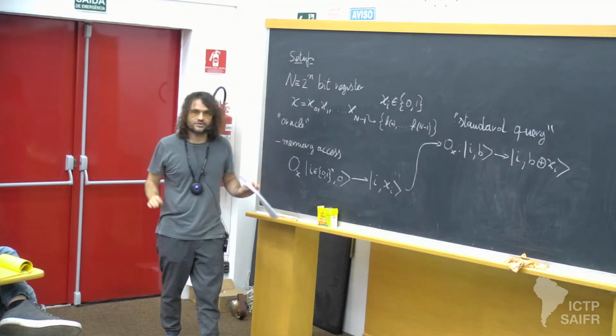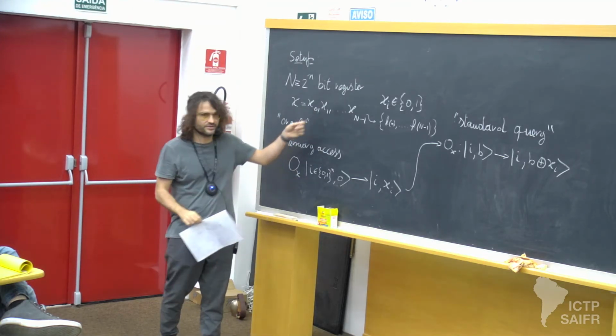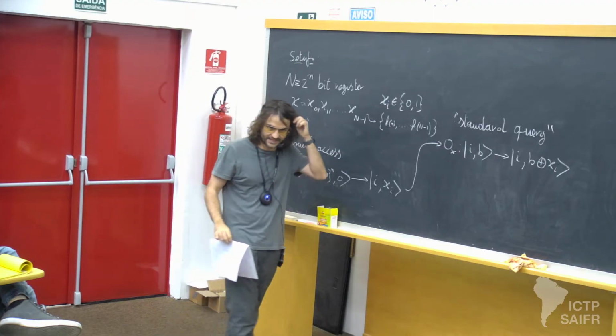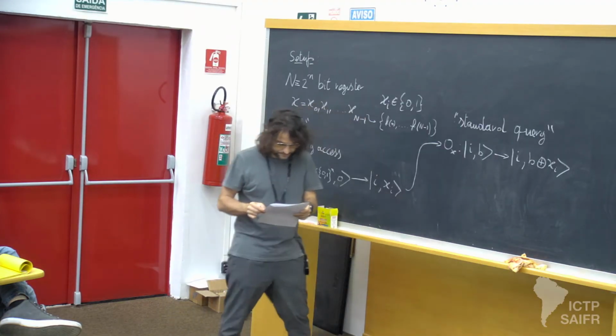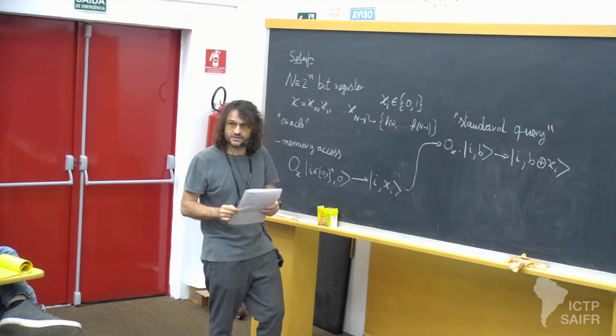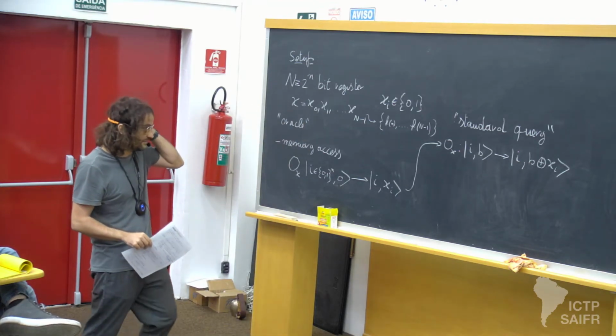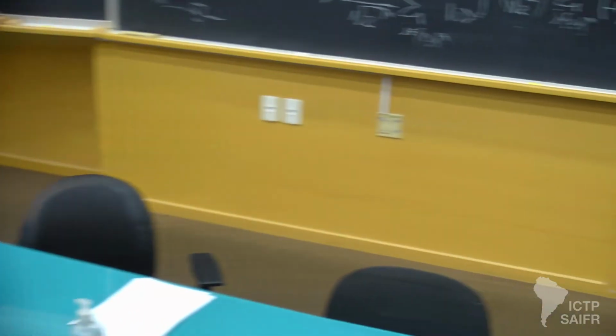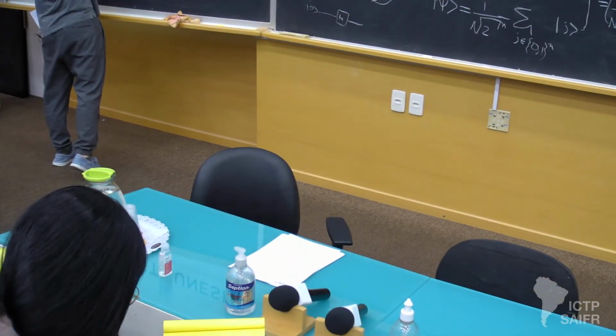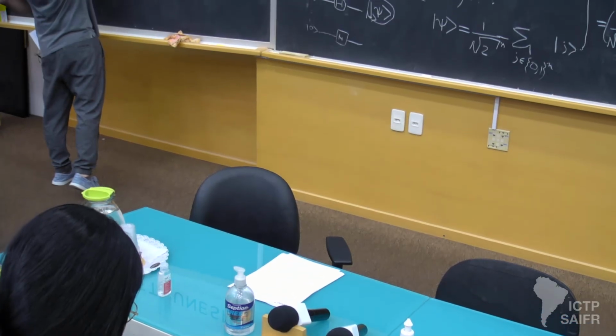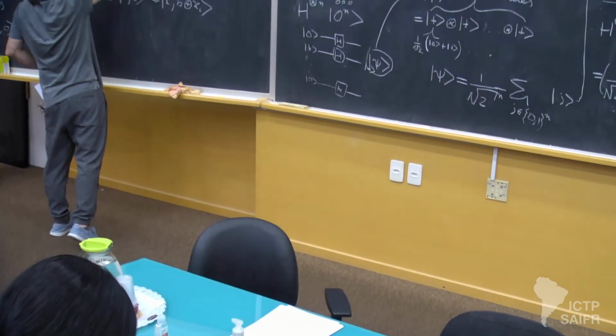Okay? So every time I need to access the memory, I need to do one operation of this kind. Now, from now on, we will most of the time talk about query complexity. So we will ask, to run a certain algorithm, how many accesses I have to do to my memory.